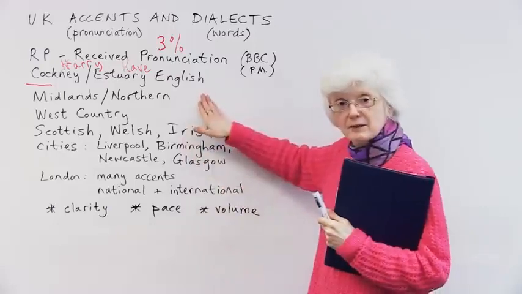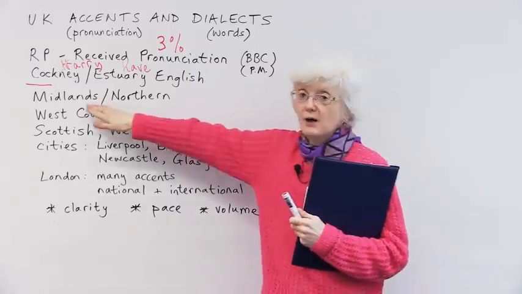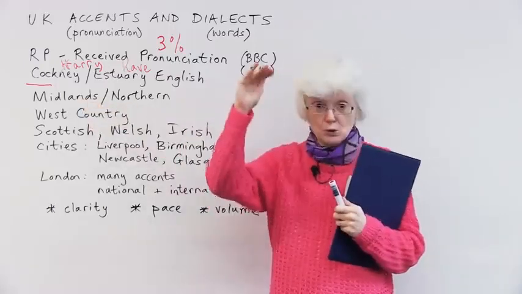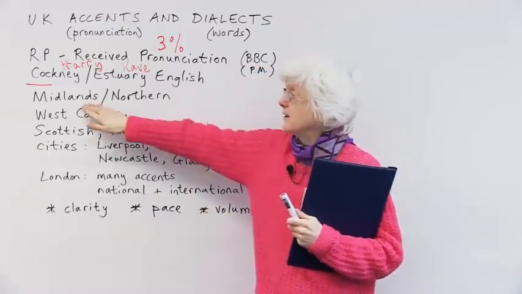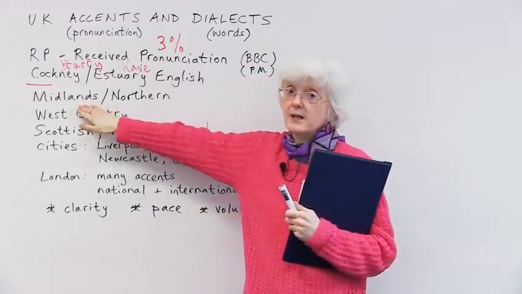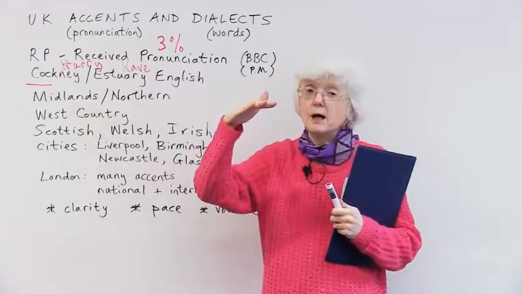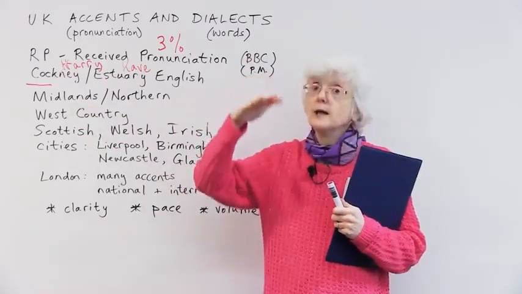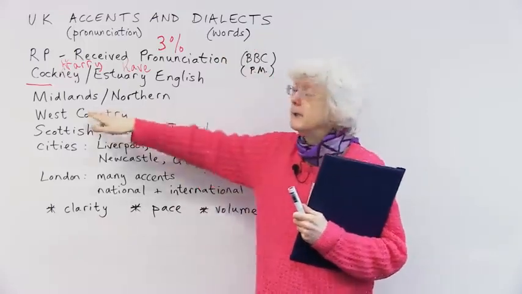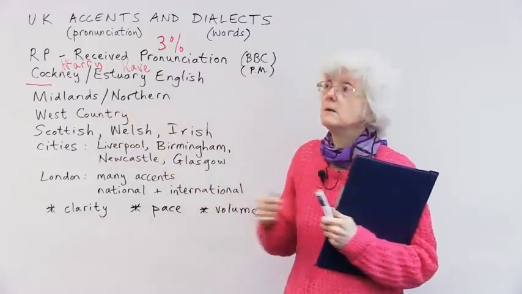Okay, so now we have a little bit more space. We'll move on a little bit further north, and the Midlands is an area of the country about 100 miles or more north of London, which is in the middle of the country.